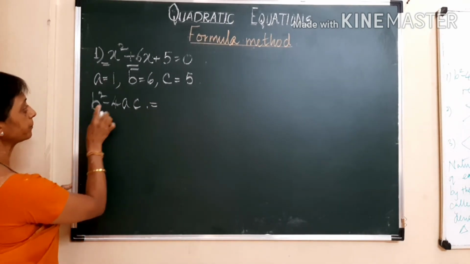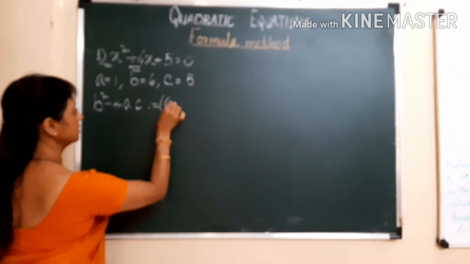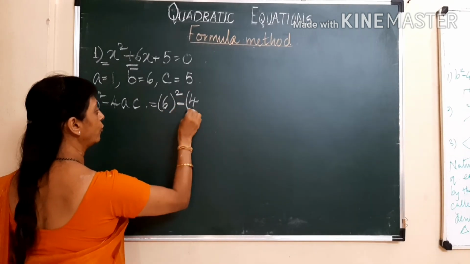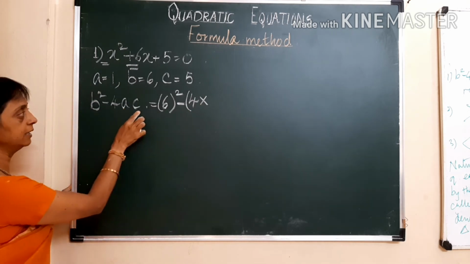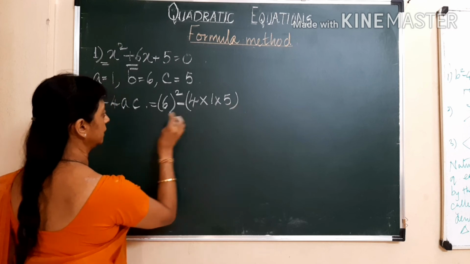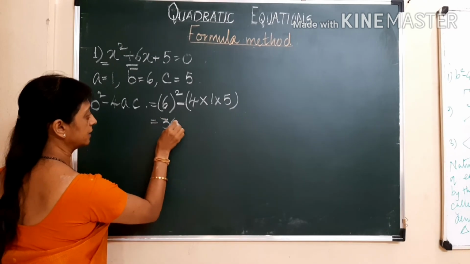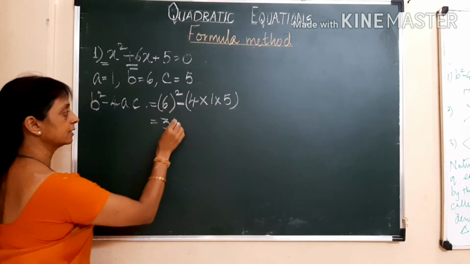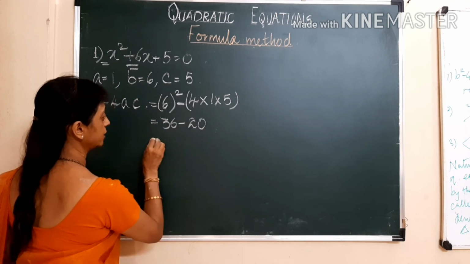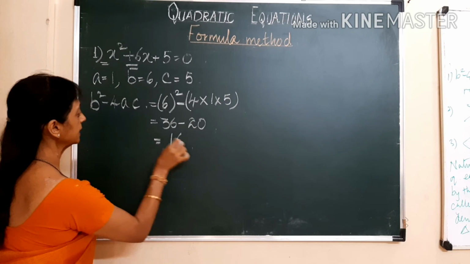What is b? b is 6. So 6 square minus 4 into a into c. Let's solve it. 6 6s are 36 minus 5 4s are 20. So what do you get children? You get 16.